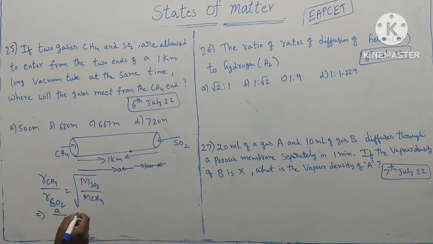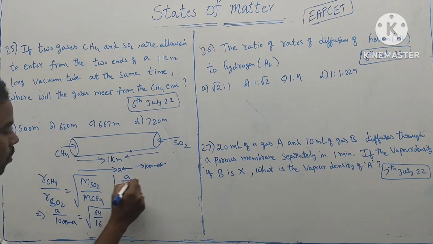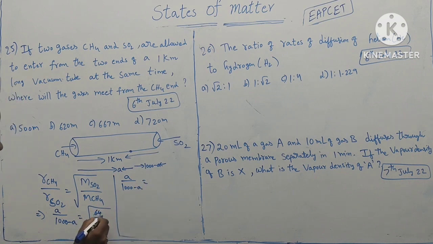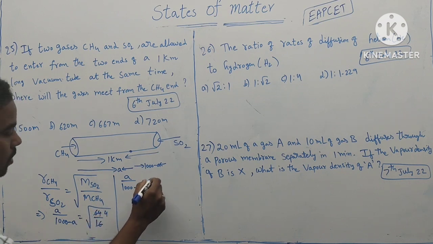The distance traveled by SO2 is 1000 minus A, that is equal to the square root of the mass of SO2, 64, by the mass of methane, 16. So A/(1000 minus A) is equal to root 64/16. 16 in 64, how many times? 4 times. Root 4 means 2.